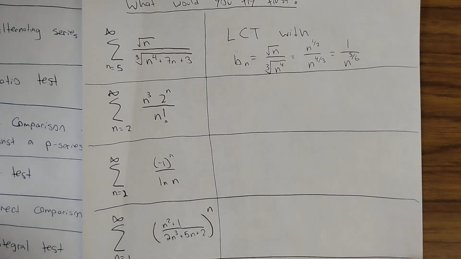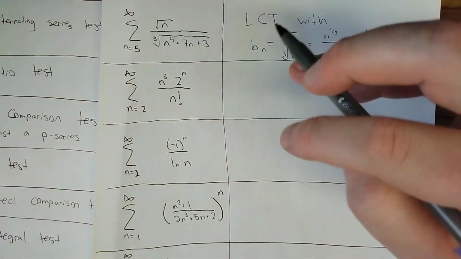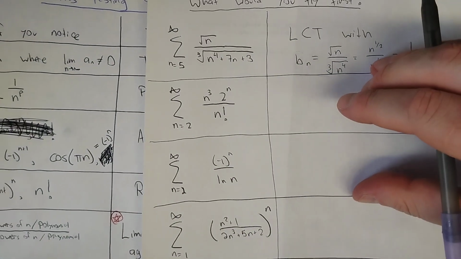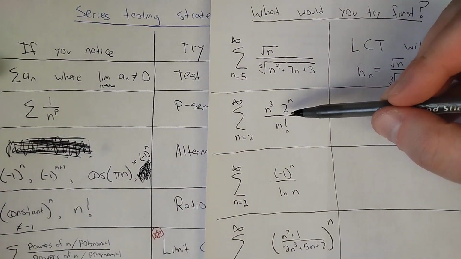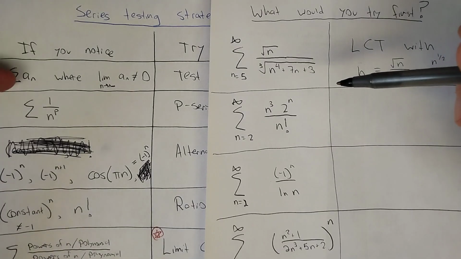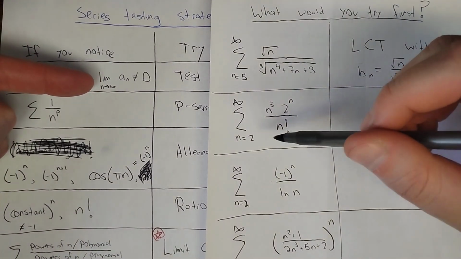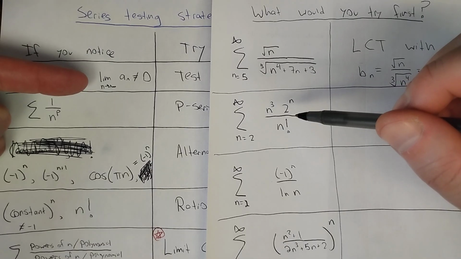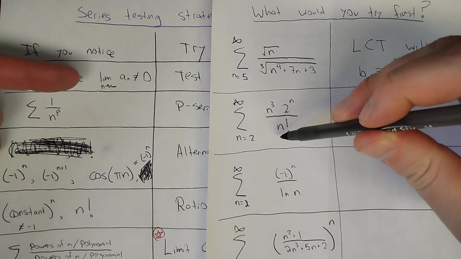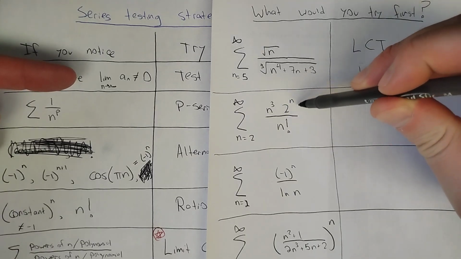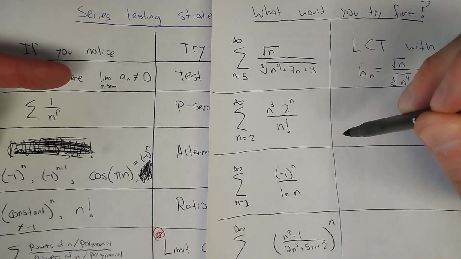Anyway, I need to go faster, so let me run through these. What do I see here? This one might be a little hard to just look at and immediately tell that the terms go to 0. They do, roughly speaking, if you have the certain intuition: exponential growth is really fast, but factorial growth is even faster.